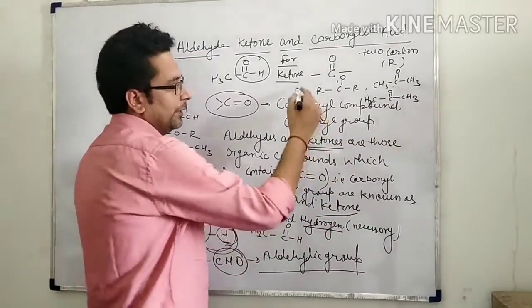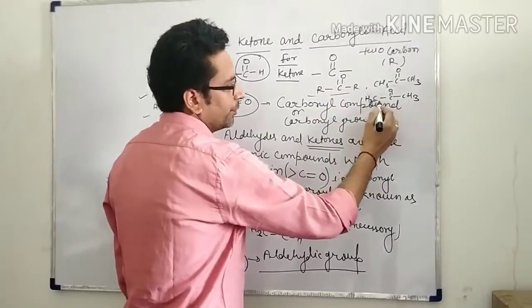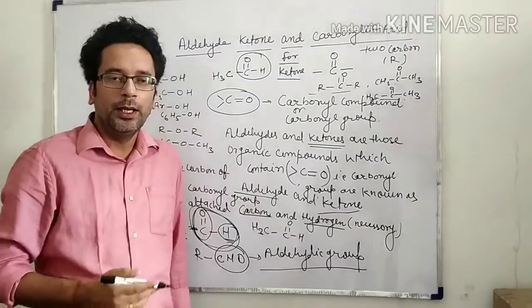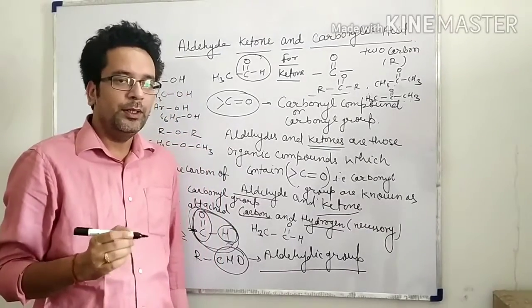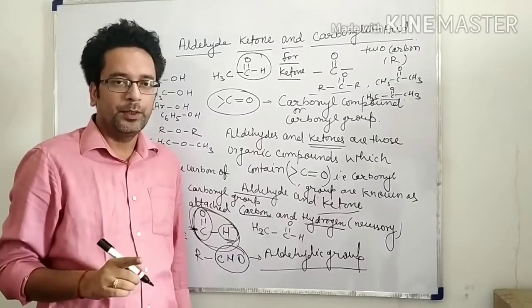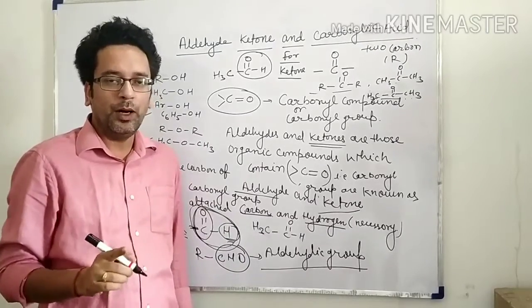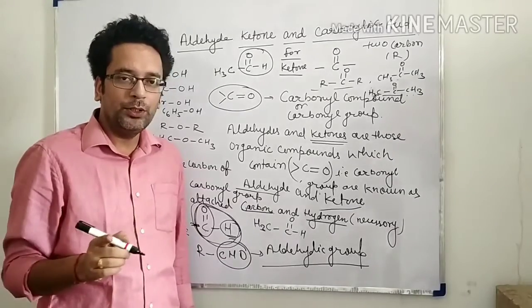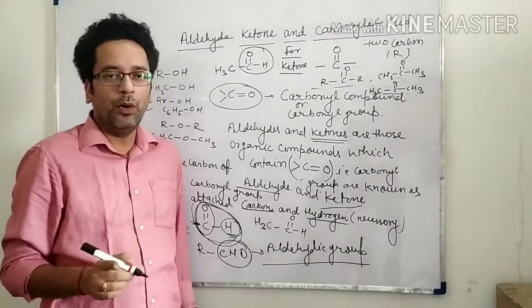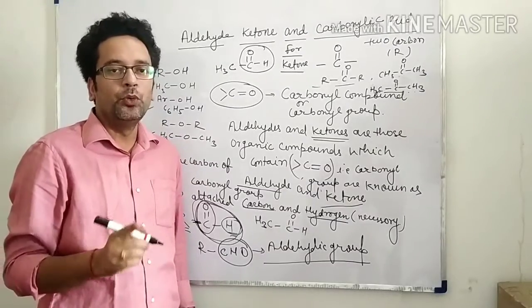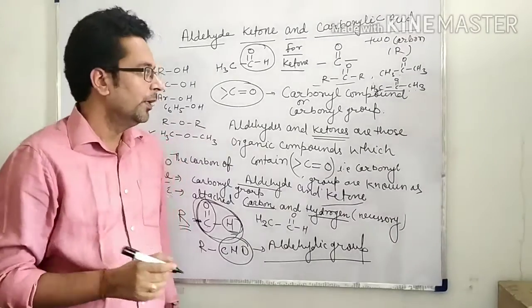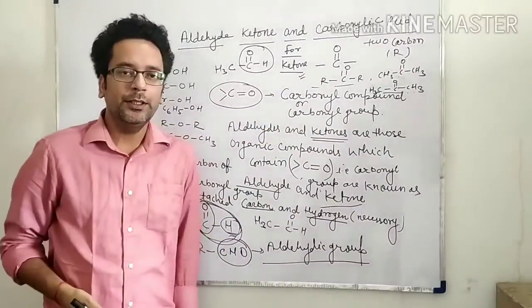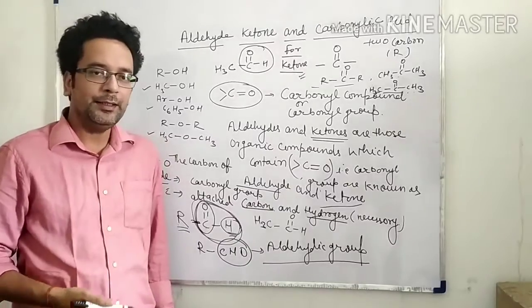So this is the example of ketone. Simply, aldehyde group means CHO group. Compounds containing the CHO group are known as aldehydes, whereas in case of ketone, the carbon of the carbonyl group is attached with two alkyl groups. So these are the ketones. These are the definition and introduction of aldehyde and ketone.